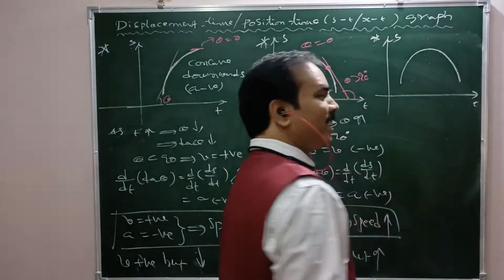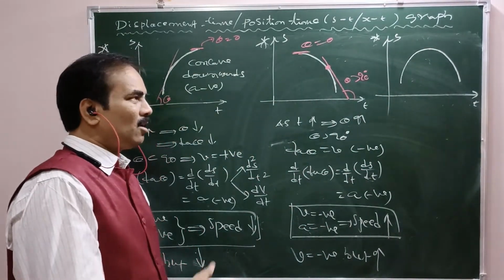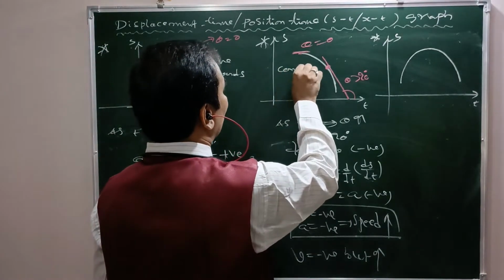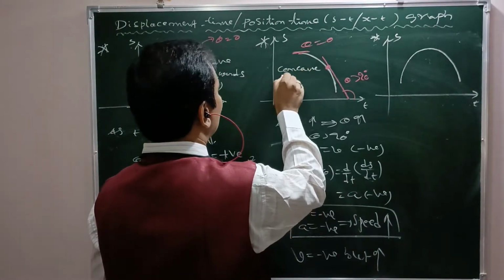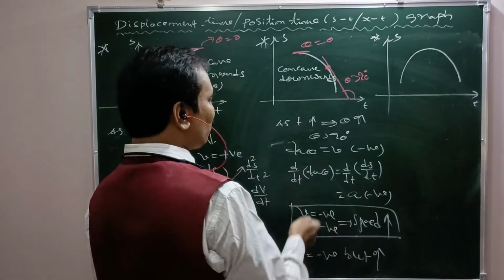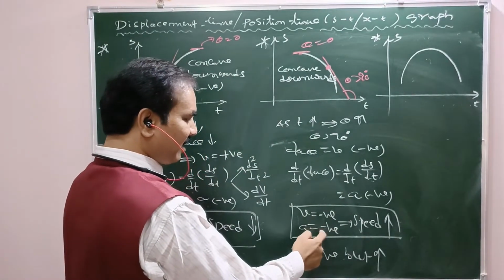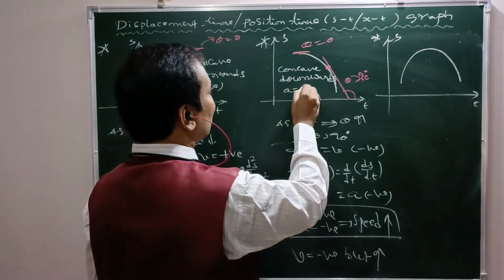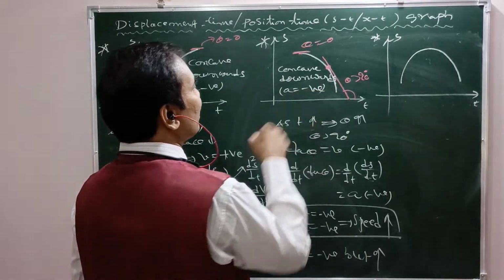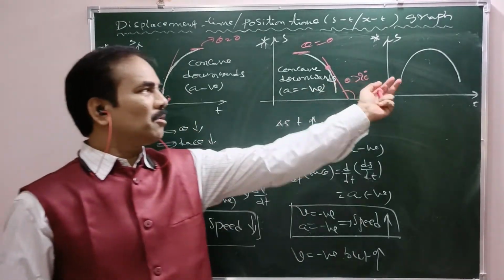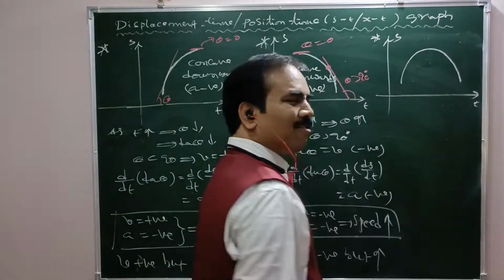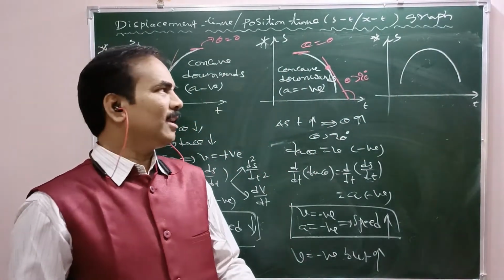See this variation. Is it concave downwards or not? Yes, this is also concave downwards. Concave downwards means one common factor: acceleration is negative. Here a is negative, and here also a is negative. So it is concave downwards, and the common factor in both the halves is negative acceleration.